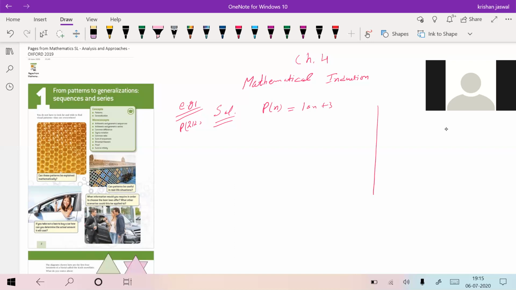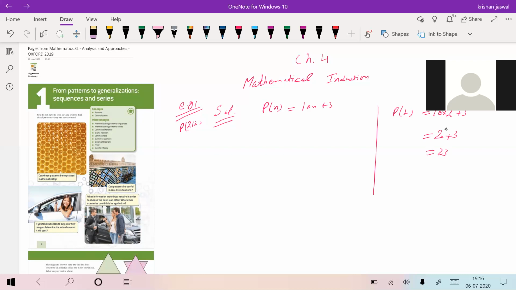Take any natural number which is not divisible by 3, such as 2. 10 into 2 plus 3, 20 plus 3, is 23. Is 23 a prime number or not? What is a prime number?